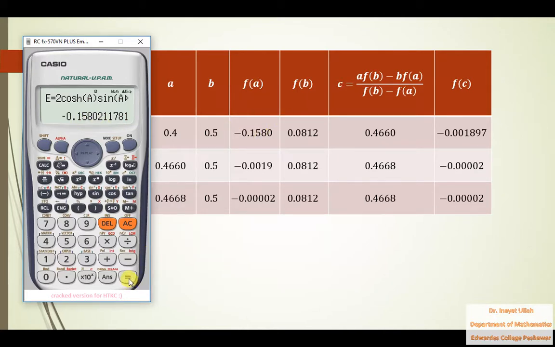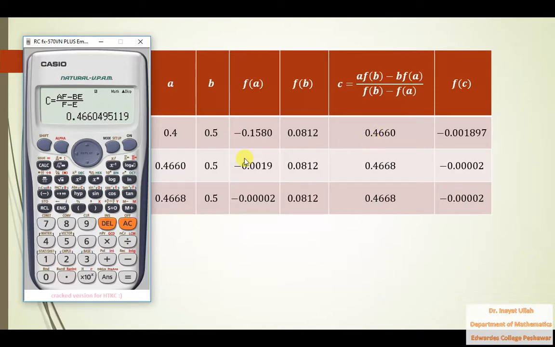So whenever you press e, you will get f. F is actually f of b, and f of b is 0.0812 up to 4 decimal places, and then equals to, this is c, 0.4660 up to 4 decimal places.